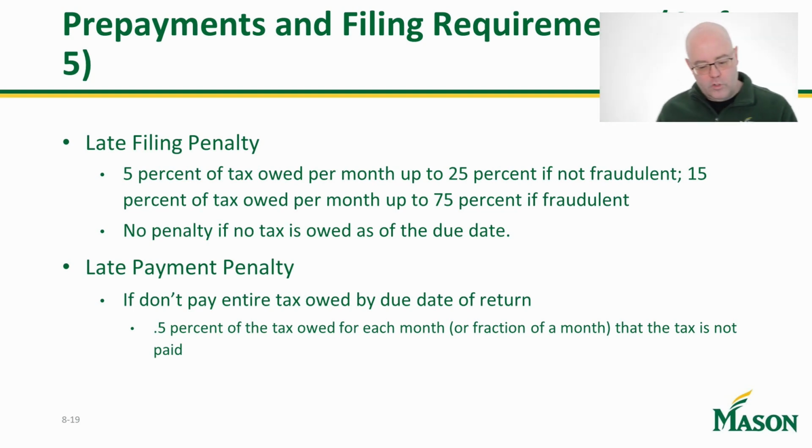Okay? So say you were supposed to file your tax returns on April 15th. You don't file them until May 15th, and you forget to do the extension, but your client makes a payment for $10,000 by April 15th. Okay, you calculate the tax return, they owe $9,000.